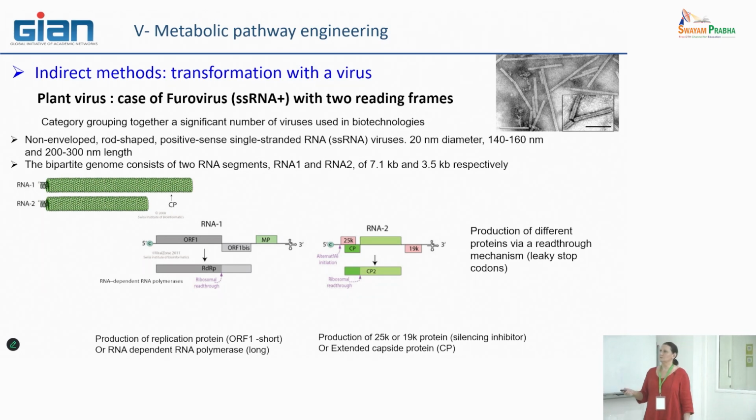And what is interesting, in fact, is that you have two molecules that have two specific reading frames. One is called RNA1, and the second one is RNA2. Both of them have a specific role in the virus infection process, but they can also be interesting for us, for use in particular in biotechnology.